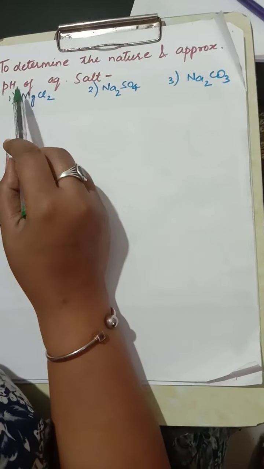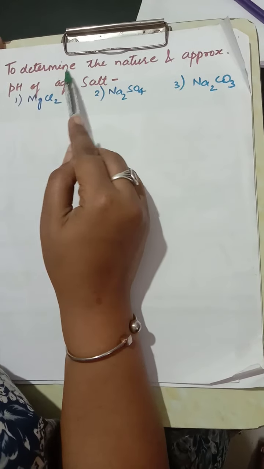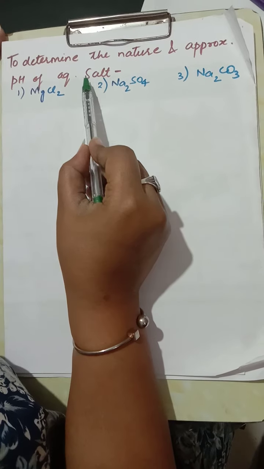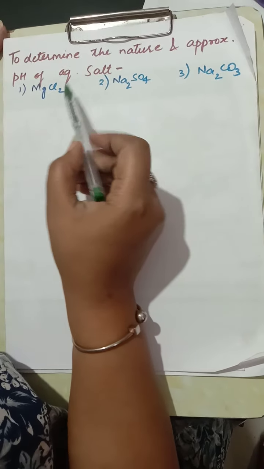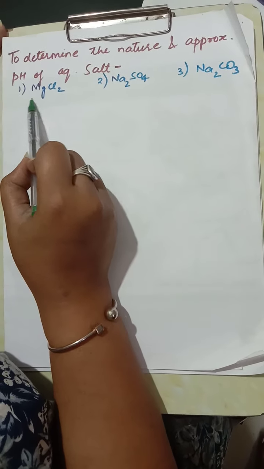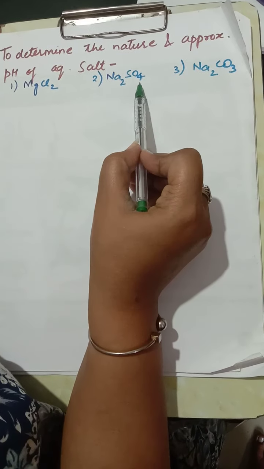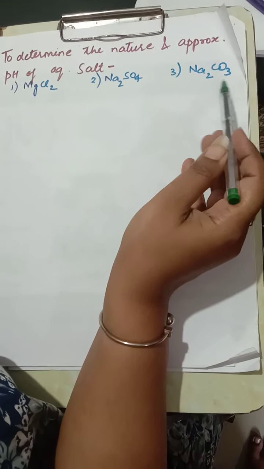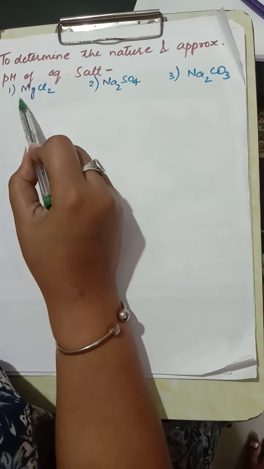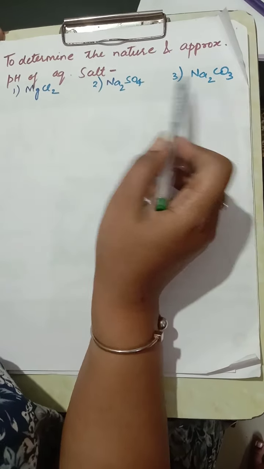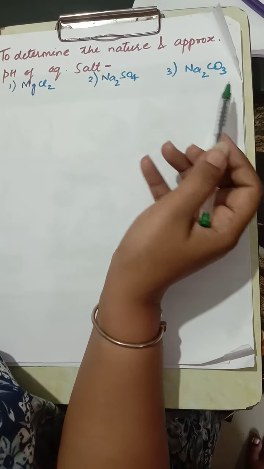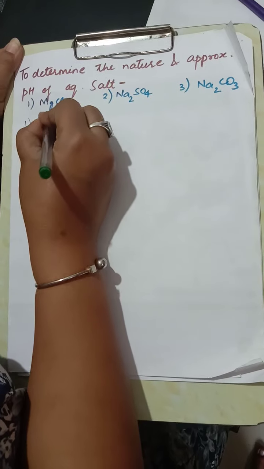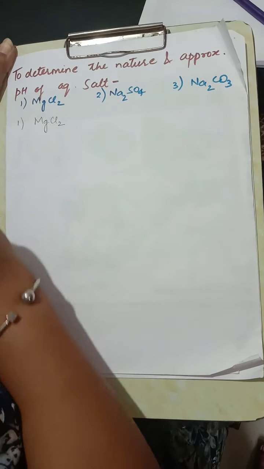So, the next topic is to determine the nature and approximate pH of aqueous salt. For example, 3 salts, that is MgCl2, Na2SO4 and Na2CO3 are given. We need to find out what is the approximate pH value of these 3 salts and what is the nature of these 3 salts. Let's start with MgCl2.